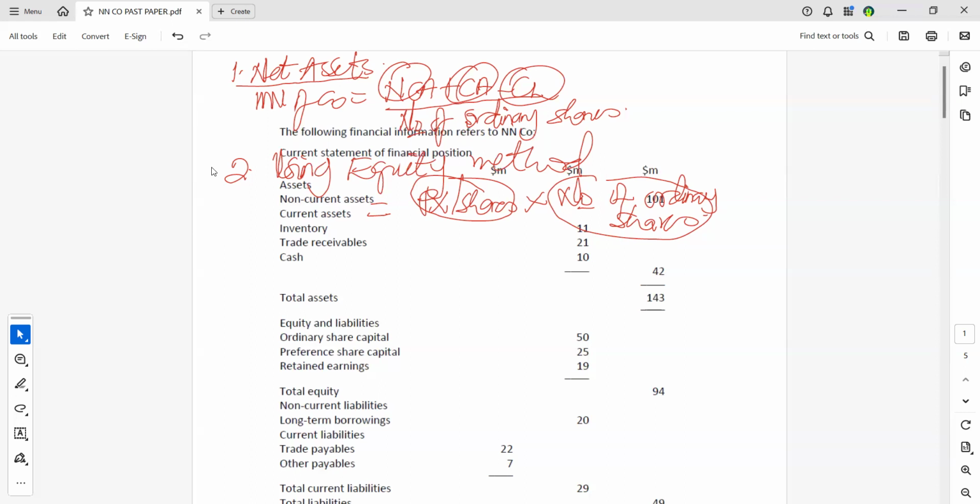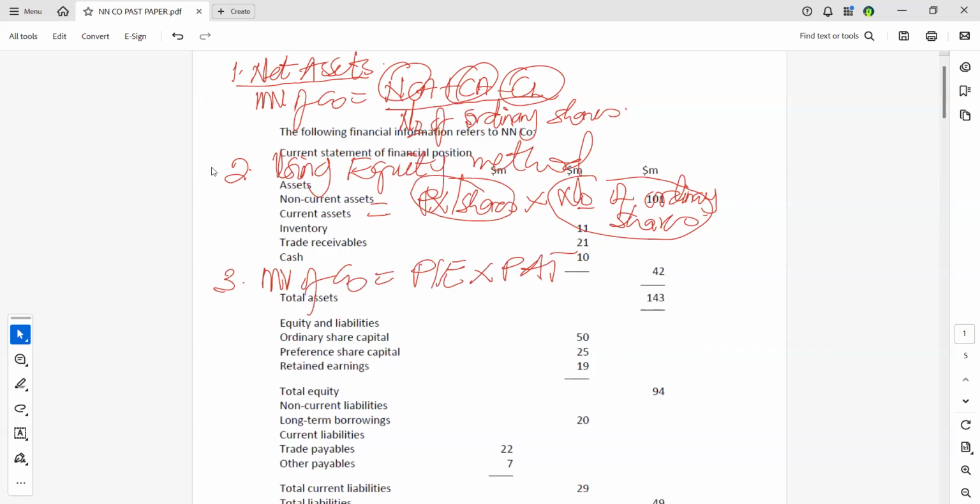Okay. We move on to the next perspective. Determine the market value of a company, this time around using the PE ratio methodology. So the market value of a company is the PE ratio times profit after tax.